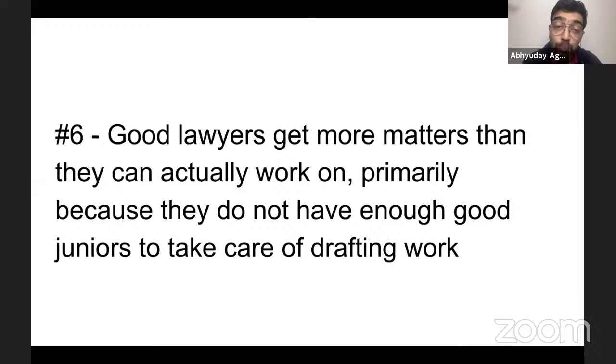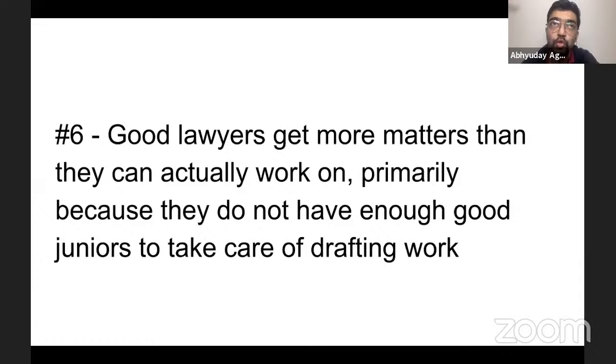Second, good lawyers can get more matters than they can actually work on. ये same senior lawyers who I'm saying ना, they'll want to argue, they'll want to do client meetings, they'll want to do briefings, right? So they will not want to focus so much time on drafting, but वो लोग को इतना काम रहता है, they can't take on more work. Why? Because somebody needs to draft. Pathetic drafting won't work, and they don't have enough supply of good drafting juniors.